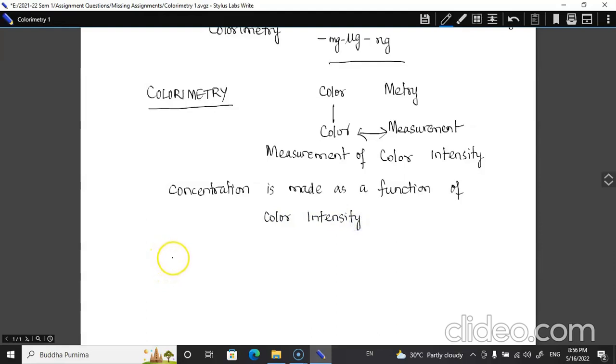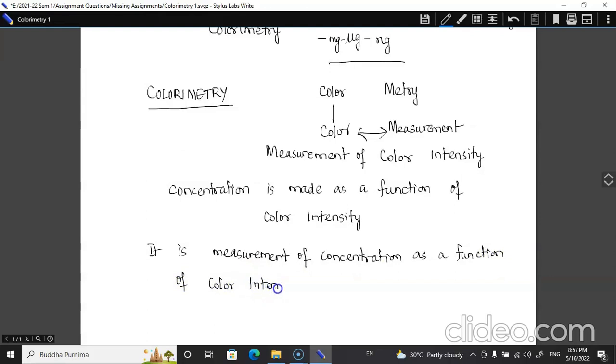Colorimetry is measurement of concentration as a function of color intensity. So this is the exact definition. What is colorimetry? It is the measurement of concentration as a function of color intensity.